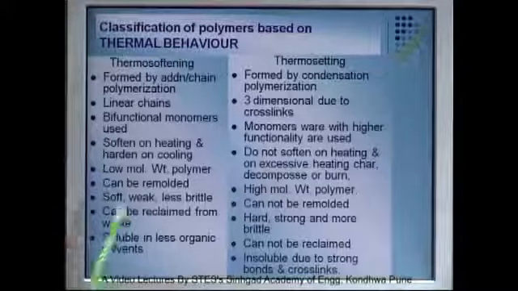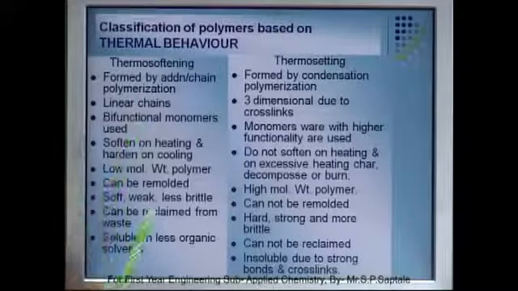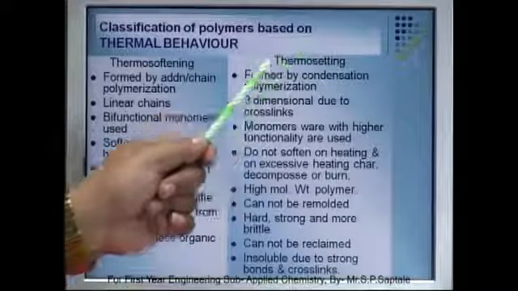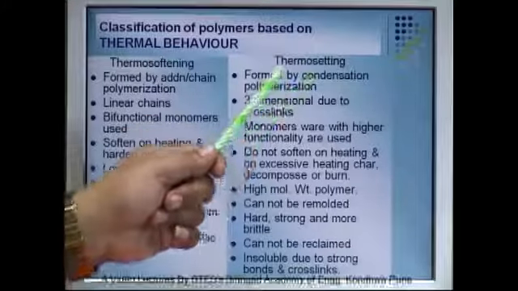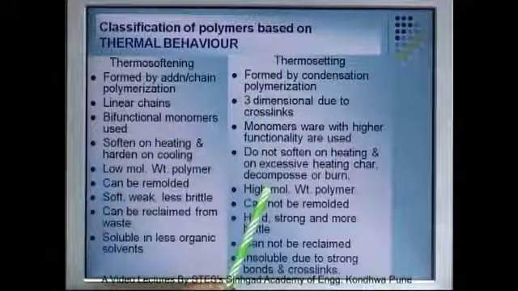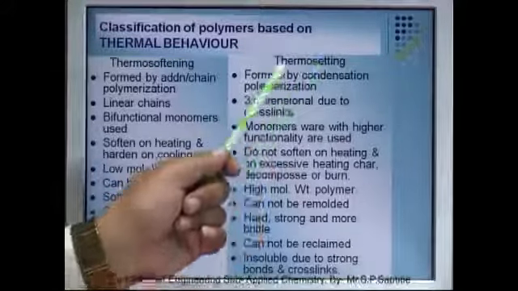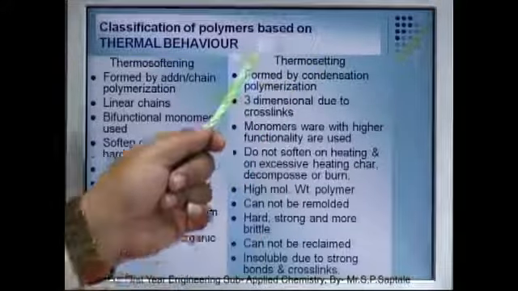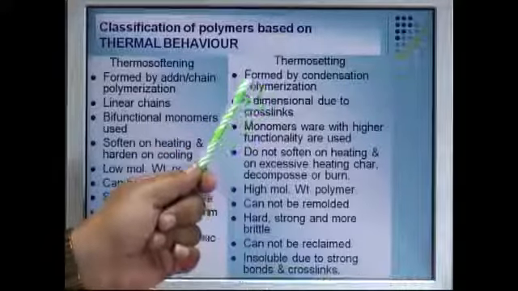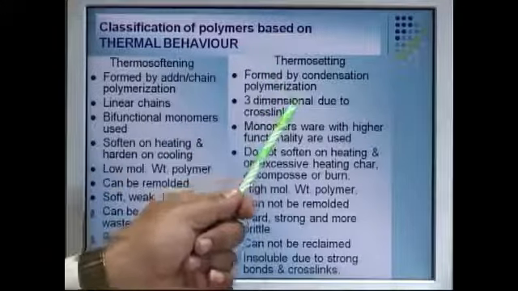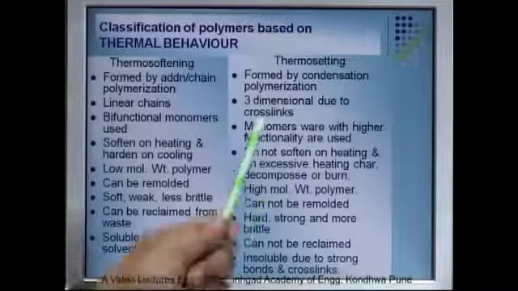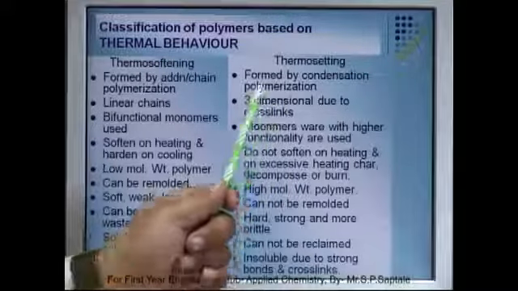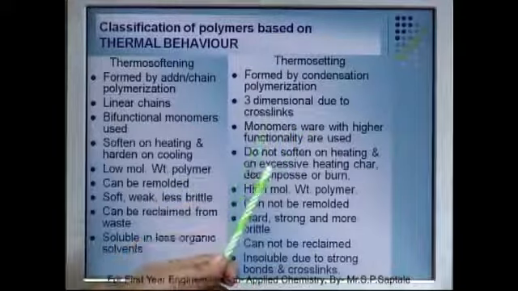Now the second category is thermosetting. These thermosetting polymers are formed by condensation polymerization. They are also soft on heating and hard and rigid on cooling after the first heating. Once you have given the shape, this forms due to monomers having three functional groups.